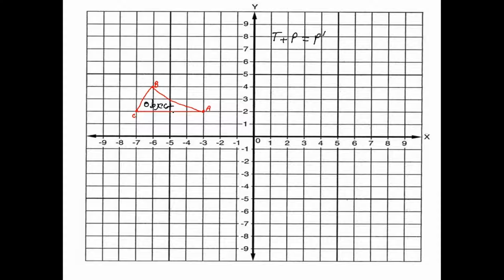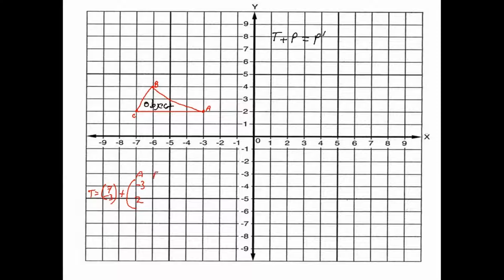Alright, so remember, we were given our transformation matrix T equal to (7, -3), the transformation matrix plus our image matrix. Alright, so our coordinates for A would be (-3, 2).